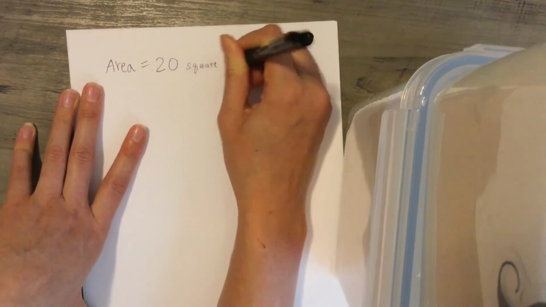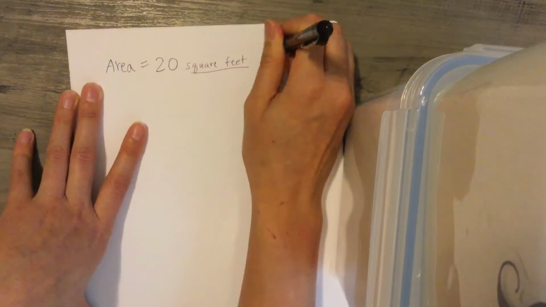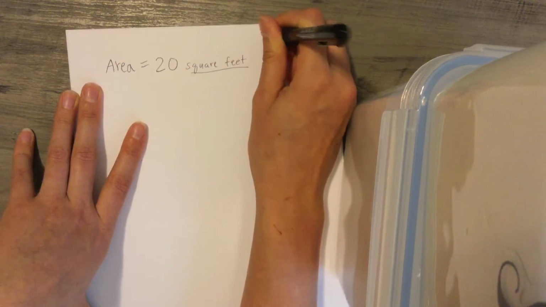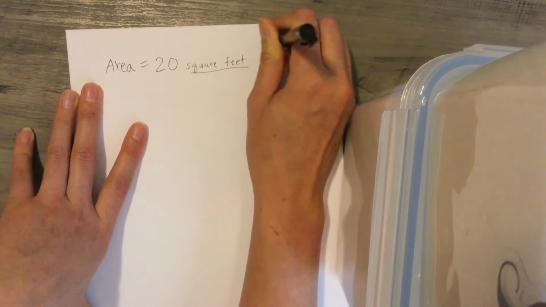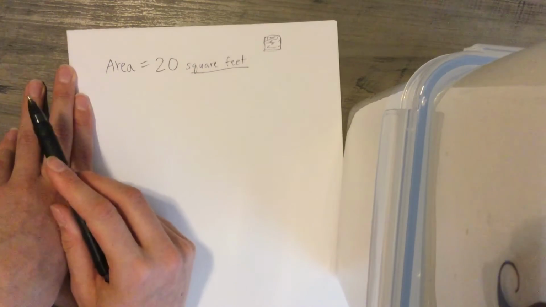And again, don't be scared by that unit. That just means in the square or rectangle exhibit, you could fit 20 1-foot squares in it. So we're trying to figure out what are all the different ways we could line up 20 squares together.